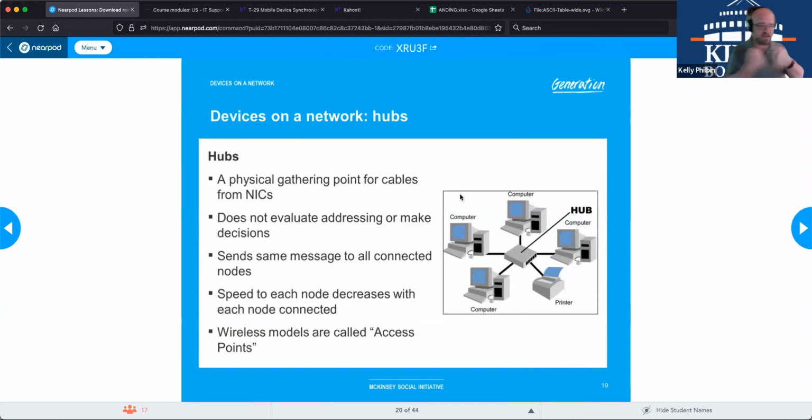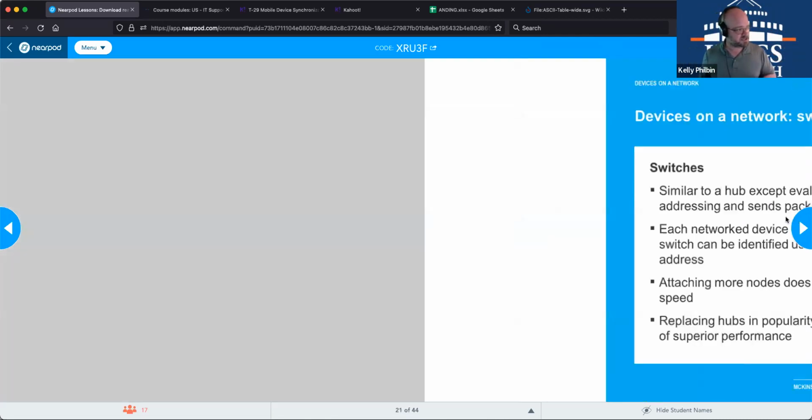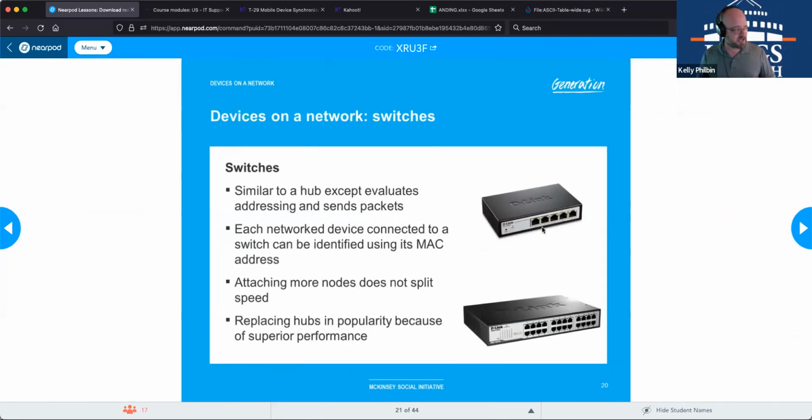So every piece of data you send over that hub can collide with another computer if they're trying to talk. The switch breaks up every single one of these ports. So this one has like what, 5? Each port is its own collision domain. But the whole thing is a broadcast domain. So I can still communicate to everybody if I want to, but I don't have to.